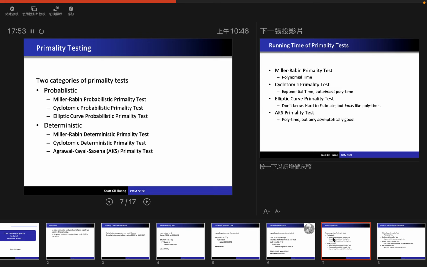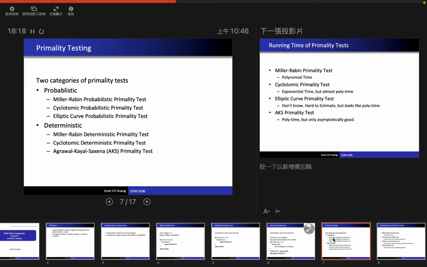Exponential time algorithms, maybe its running time is something like this. That's exponential time. But if you have polynomial time algorithms, your running time may be something like this. This is polynomial time.